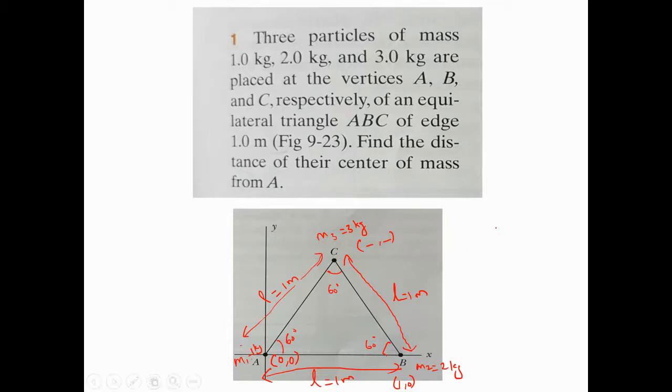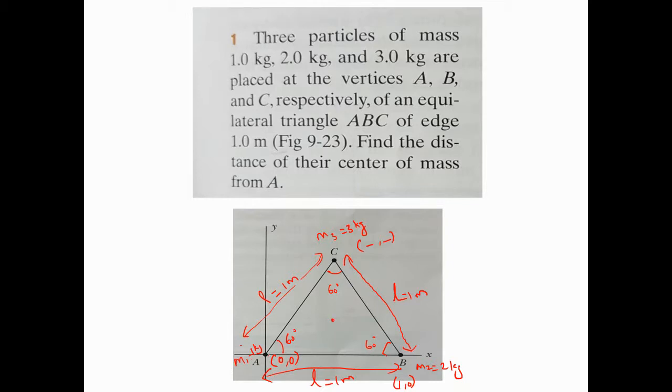Okay, let's continue reading. What are we going to find? We are going to find the distance of their center of mass from the point A. Brother, you have 3 masses: mass 1, mass 2, mass 3, and you are going to find where your center of mass is located. Suppose my center of mass is located here, for example.